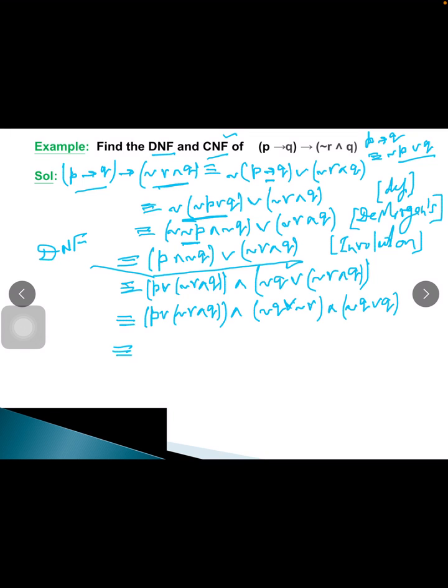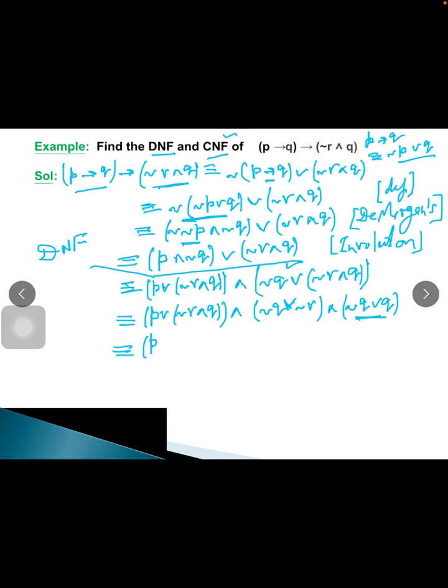Now we see that this is negation of Q or Q. What does it give? If you see your equivalence laws, the negation law applies here, meaning the value of negation Q or Q is T, true. So this is equivalent to true.